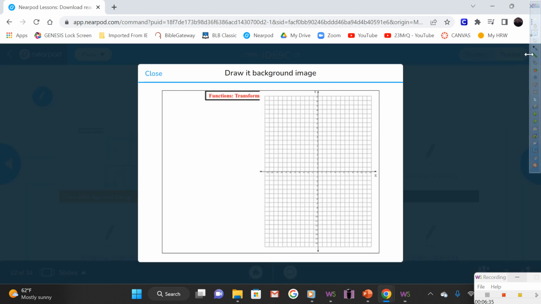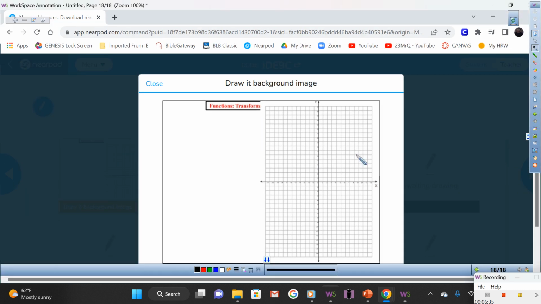Lock your toolbar. I don't want you to write anything. I just want you to graph f of x equals x cubed. I don't want a table. I don't want you to write the function. I want you just to graph. 20 seconds.